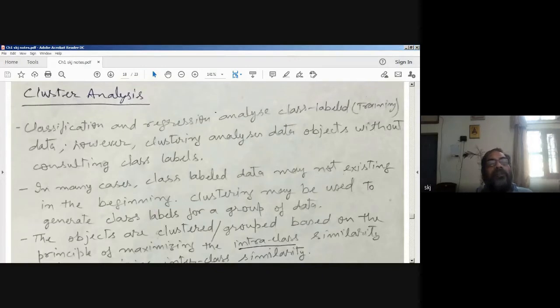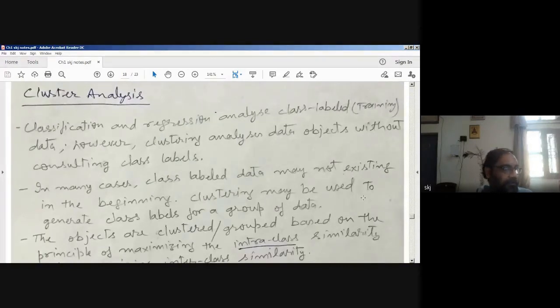So classification and regression analyze class-labeled training data. However, clustering analyzes data objects without consulting class labels.